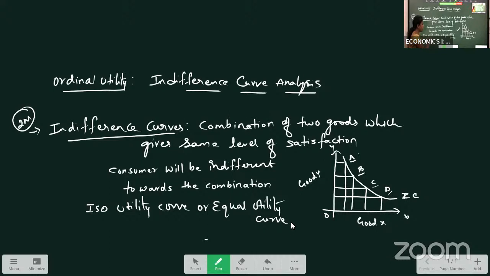And these curves are also known as iso-utility curve or equal utility curve. So this is one question for your 2 marks. Just understand the concept.